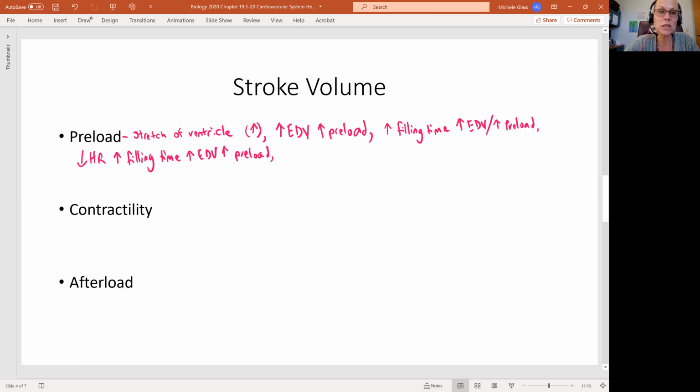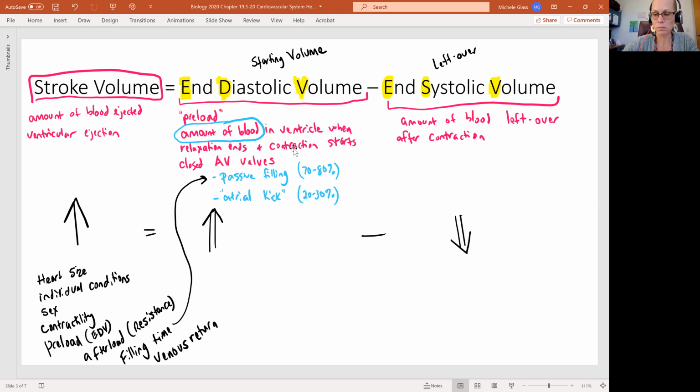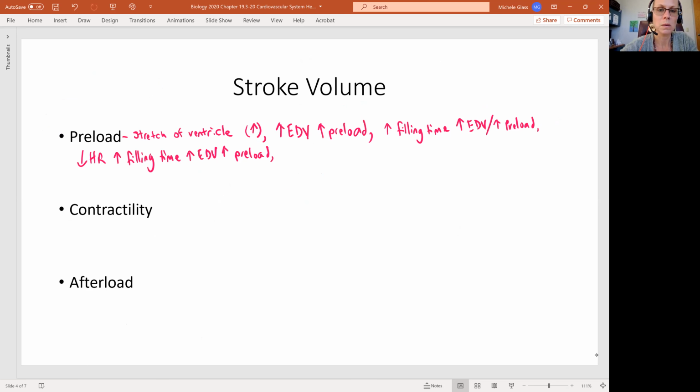Another method for increasing your preload is to increase your venous return. Venous return is talking about the blood that's located in your veins. So increasing the blood from the body back to the heart is going to automatically increase your EDV and increase your preload.